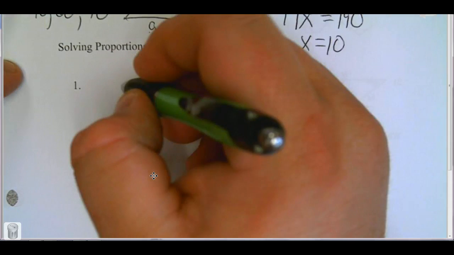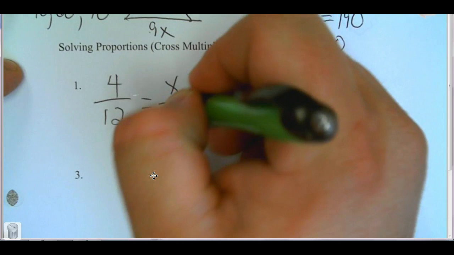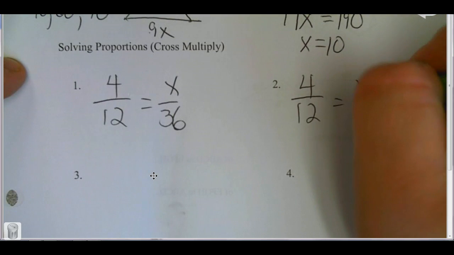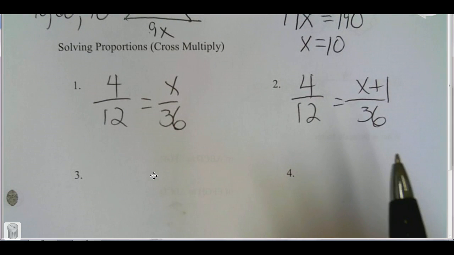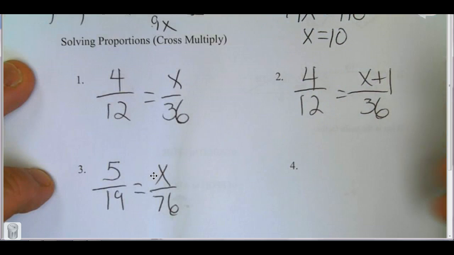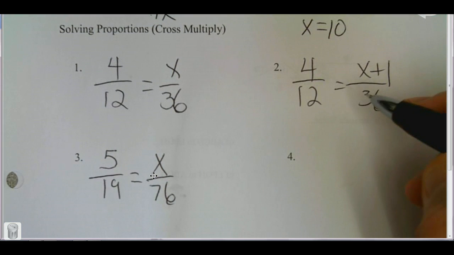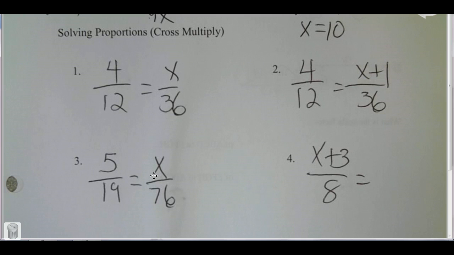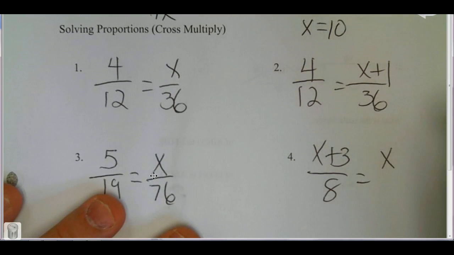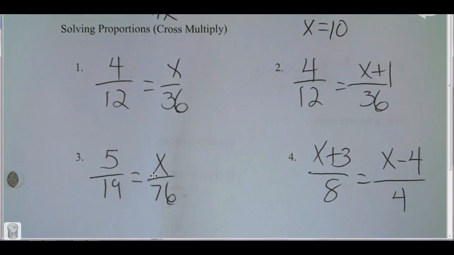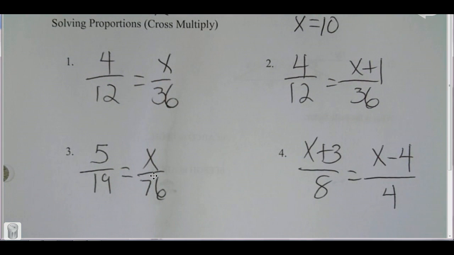So if I have those four proportions, go ahead and tell me if you know how to solve them. Go ahead and pause the video and then try to solve those real quick.